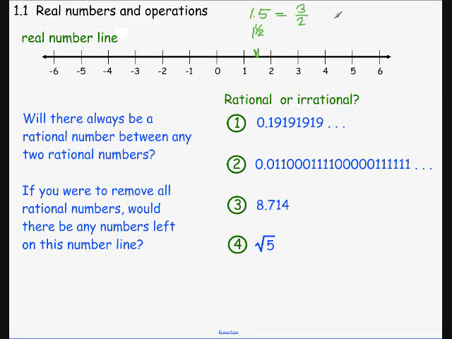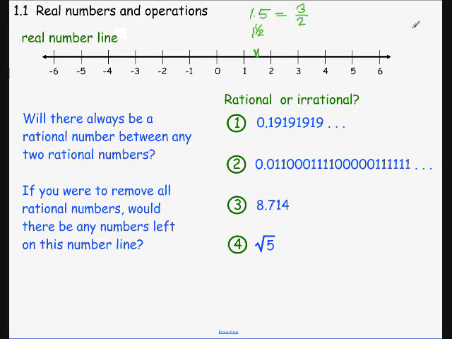Now, if you're wondering how to quickly determine whether or not it can be expressed as the ratio of two integers, think about this. This is a terminating number. It doesn't go on and on. It just stops right here at 0.5.